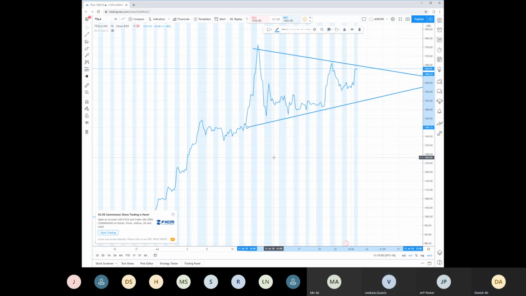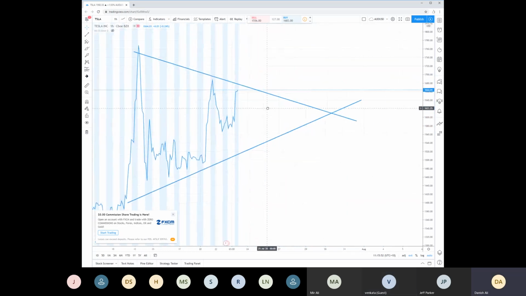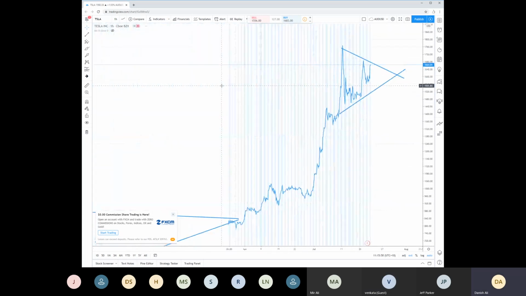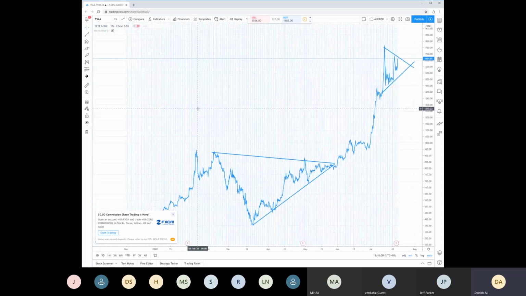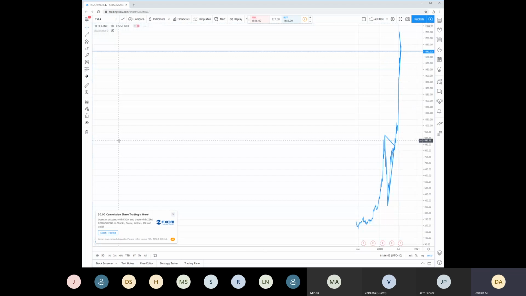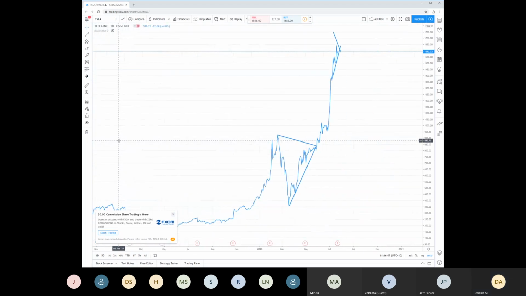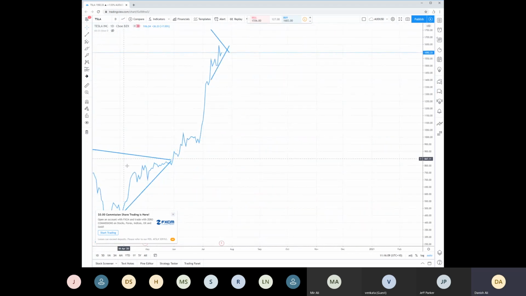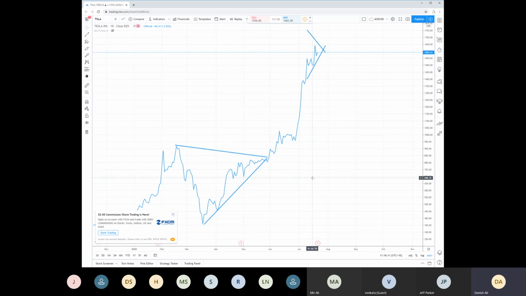It's respecting this triangle formation. It should shoot up in the next couple of weeks as per this. And if you look at this big one that I drew on a daily chart, again, this is like a snake that was stuck here and it just shoots up.